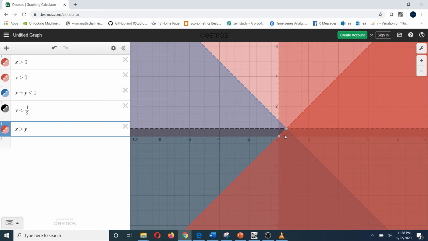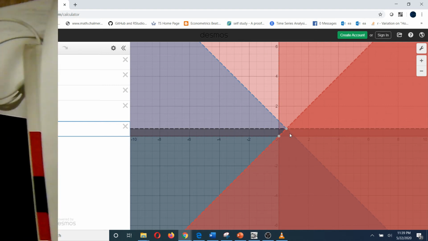So when y goes from 0 to 1/2, x will go from y to 1 minus y. I'm going to verify this based on the equation method also.